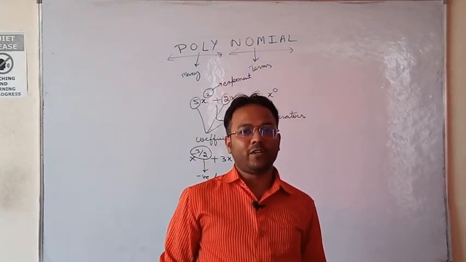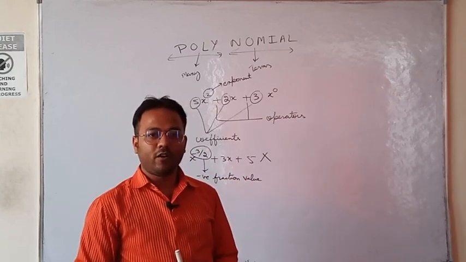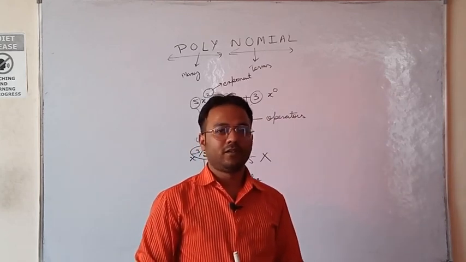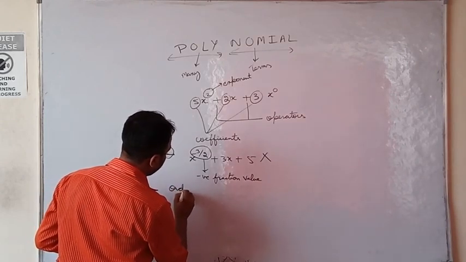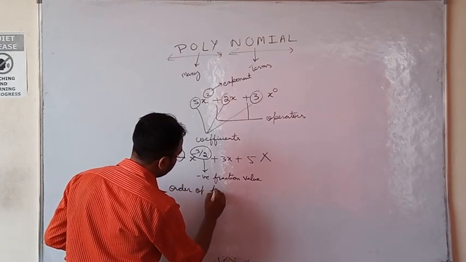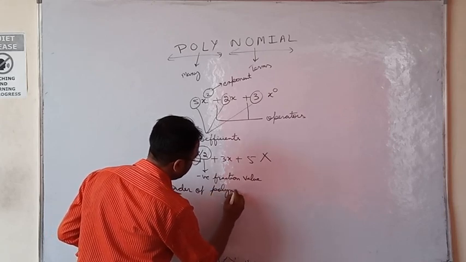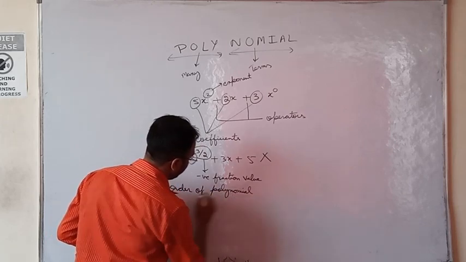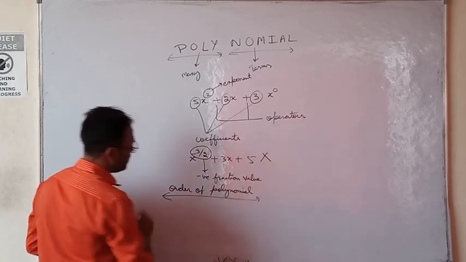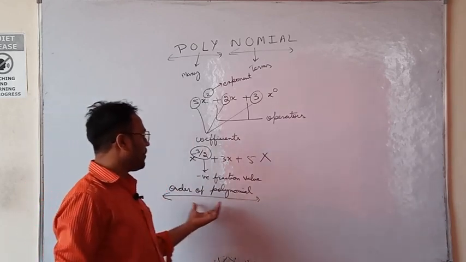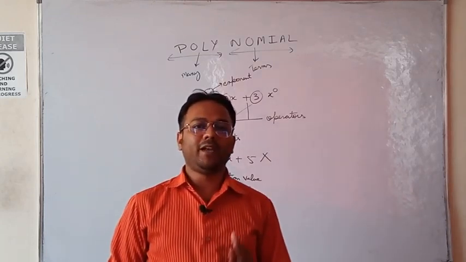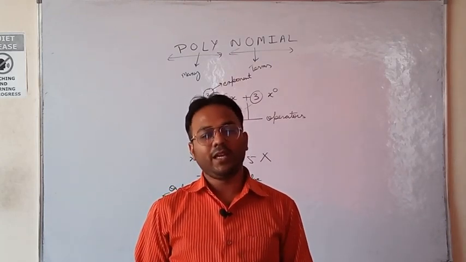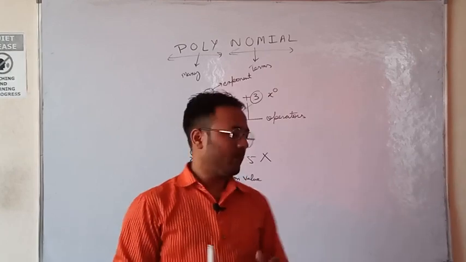Now students, I am going to tell you what is the order of the polynomial. The maximum power of the variable in the polynomial is called the order of the polynomial.